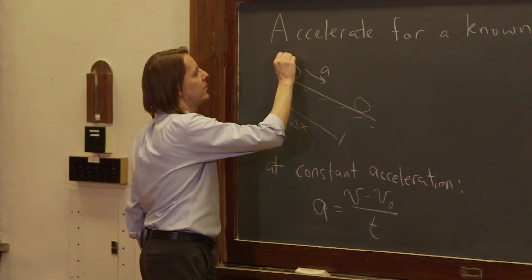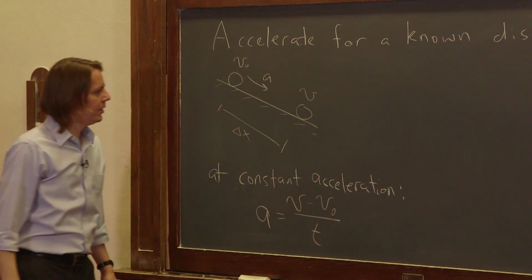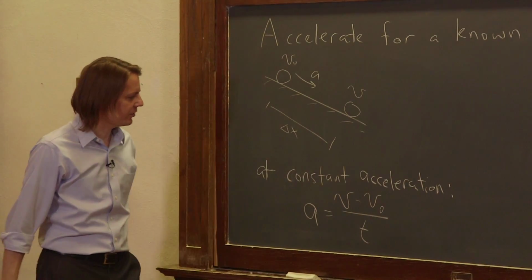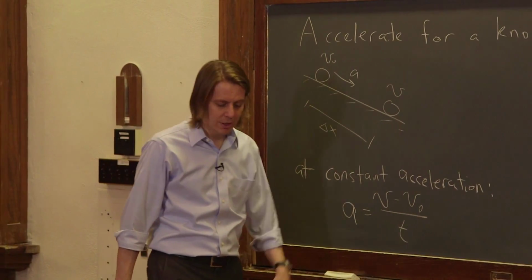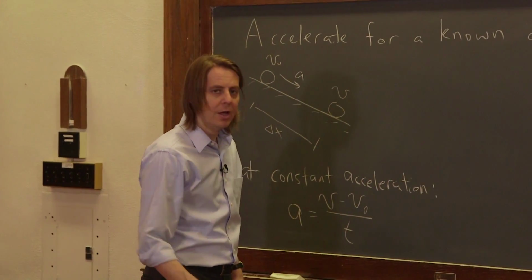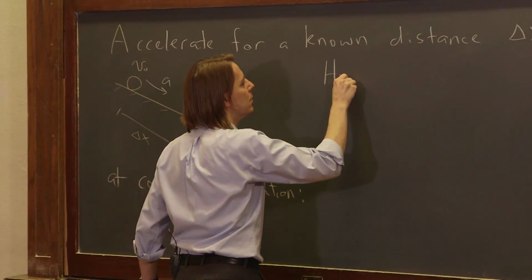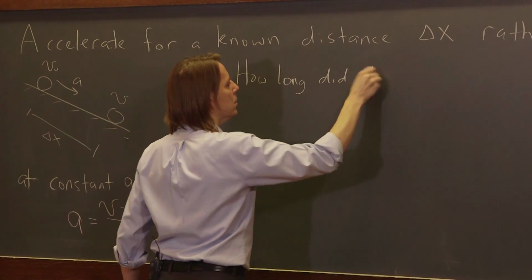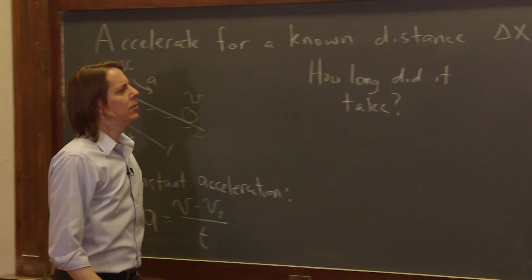So here it was at v naught, here it got up to some v, a faster value because it was accelerating. We only know delta x. Okay, so there's a problem. We don't know t. We know a, we don't know what the velocity did either. So we've got to figure out what we are going to use for t. How long did it take?